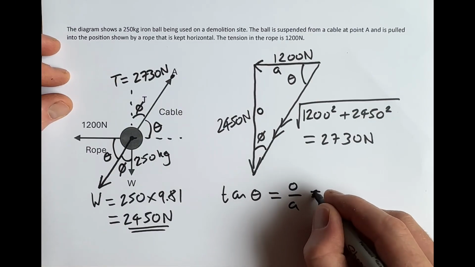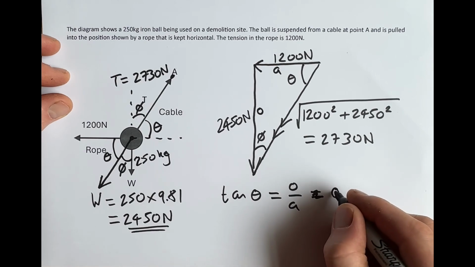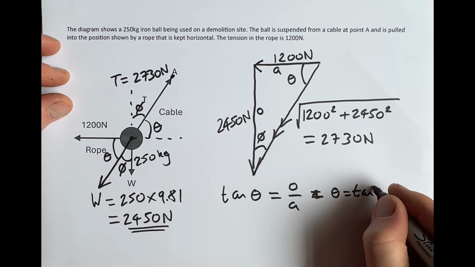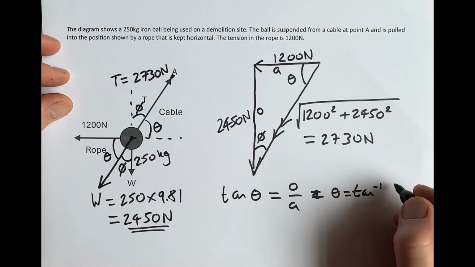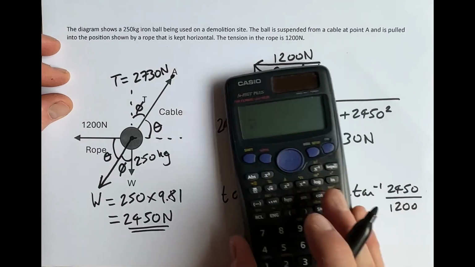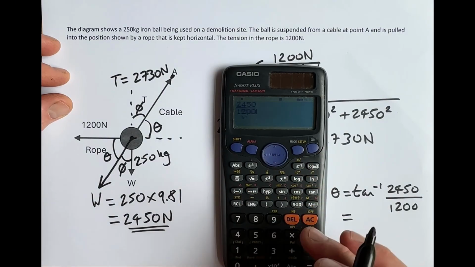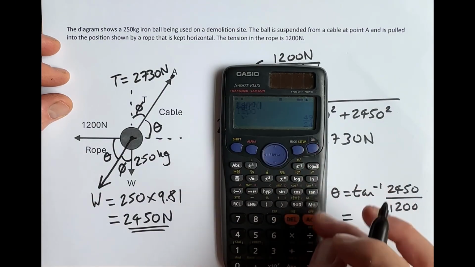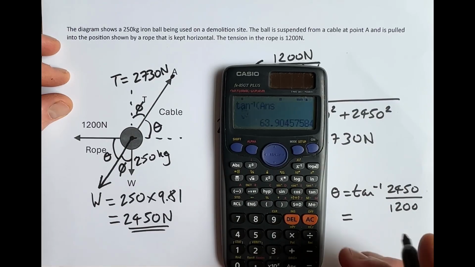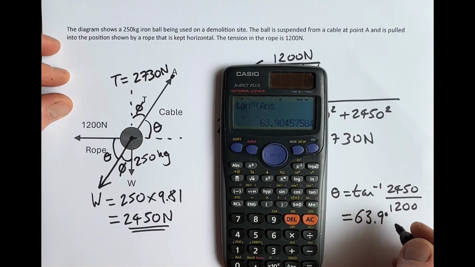Okay, so in this first instance here, we know that theta is equal to tan to the -1 of the opposite. So that's 2,450 over the adjacent 1,200. So we've got 2450 divided by 1,200, and then we use tan to the minus 1 to work that out, so that's going to be 63.9 degrees.